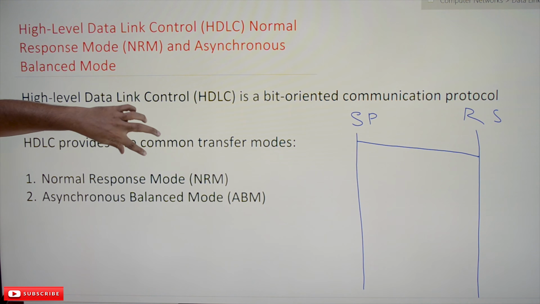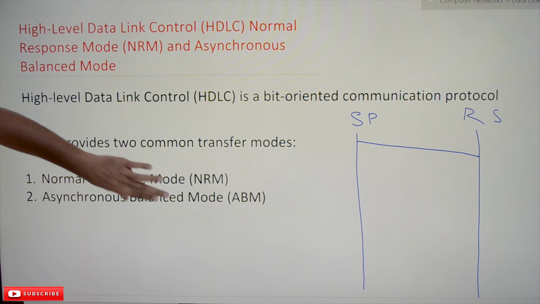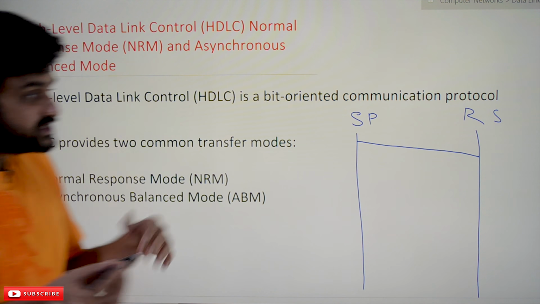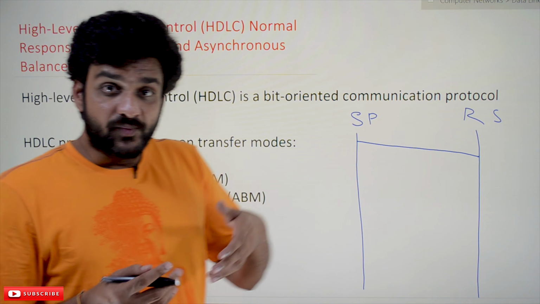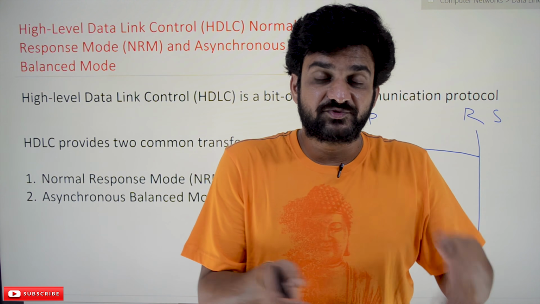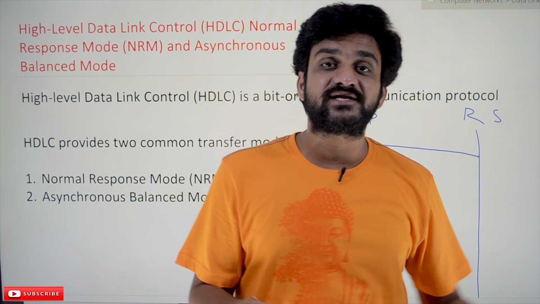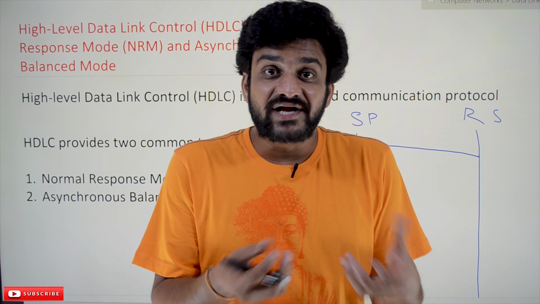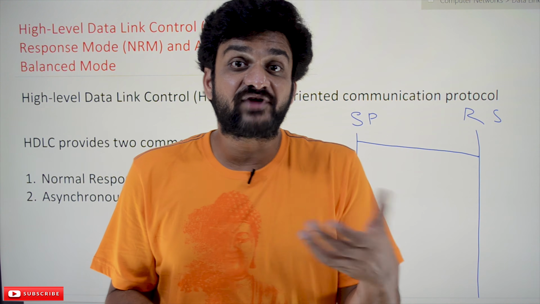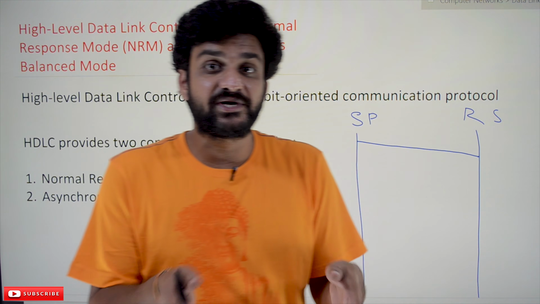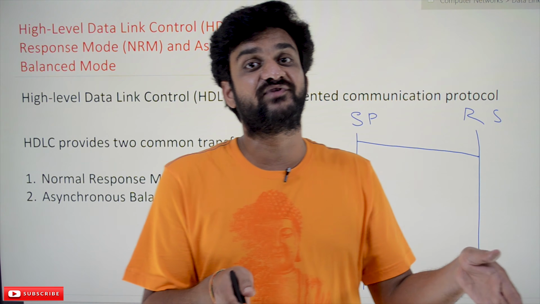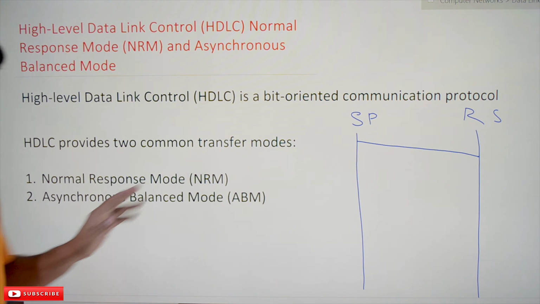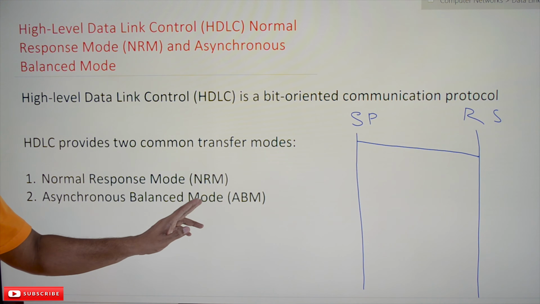HDLC provides this transfer mode, and the other kind of transfer mode is asynchronous balance mode. In asynchronous balance mode, both the sender and the receiver are going to transfer data frames. The data frames are transferred between the sender and the receiver also. Such a transfer mode is what we call asynchronous balance mode, ABM.